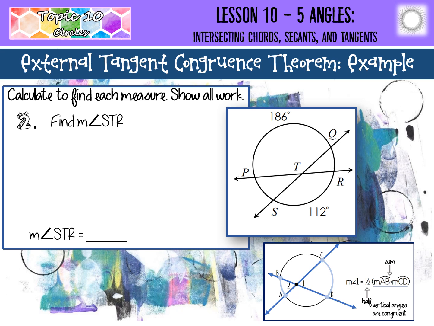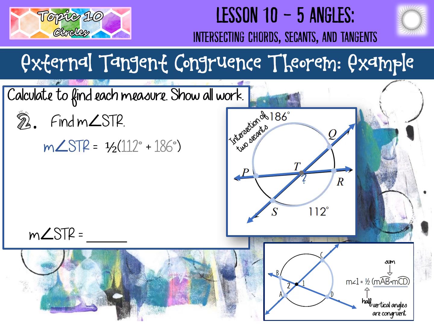Number 2, calculate to find each measure. Show your work, of course. Find the measure of angle STR. So we have two secants there. STR, boom. There it is. That's the one we want. And we have the intercepted arcs, the ones in light blue there.